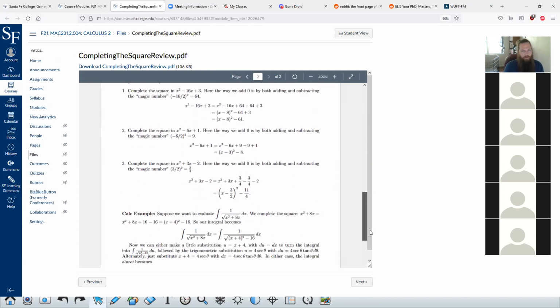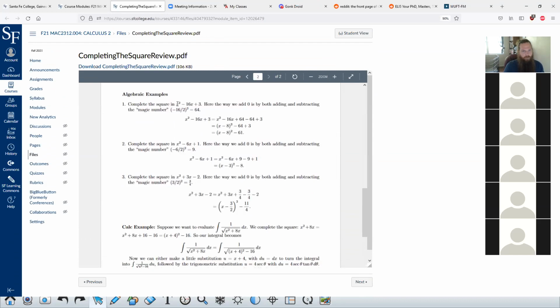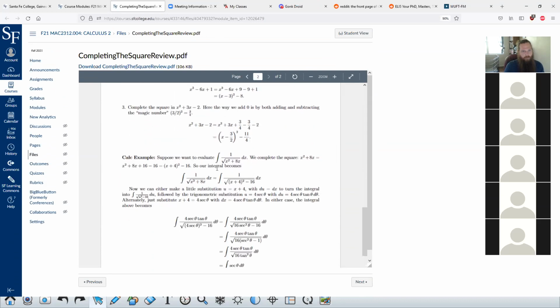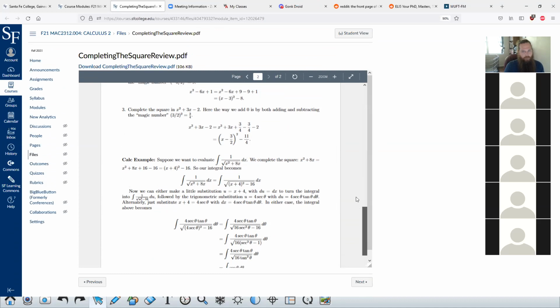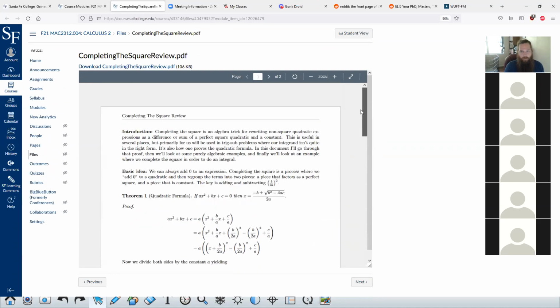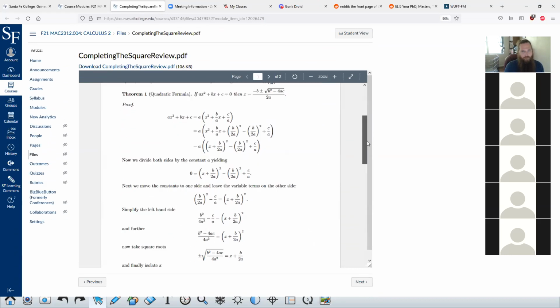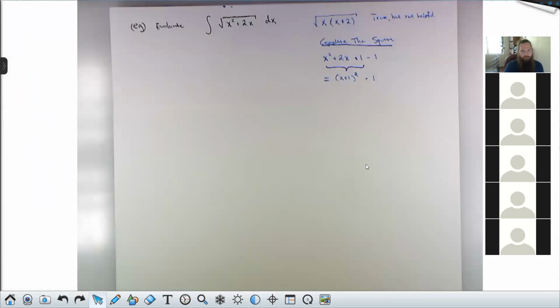Then we've got lots of examples of completing the square here. We're going to complete the square in this, and this, and this. And then there's an example using an integral that is very similar to the one we're working now. If you don't remember how to complete the square, save a copy of this document, please. Work through it. You're going to need this.